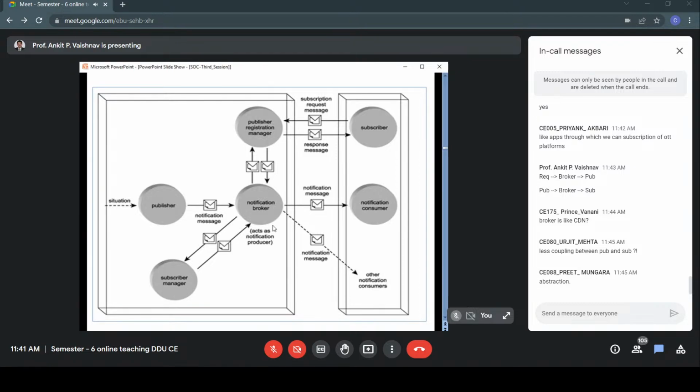As soon as that notification is supposed to be sent, the publisher forwards it to the broker, and immediately the broker sends it to the subscriber. Are you getting the mechanism? And as Preet has written, we have an abstraction layer in between, so we are hiding the publisher from being exposed directly. Getting the concept at least?